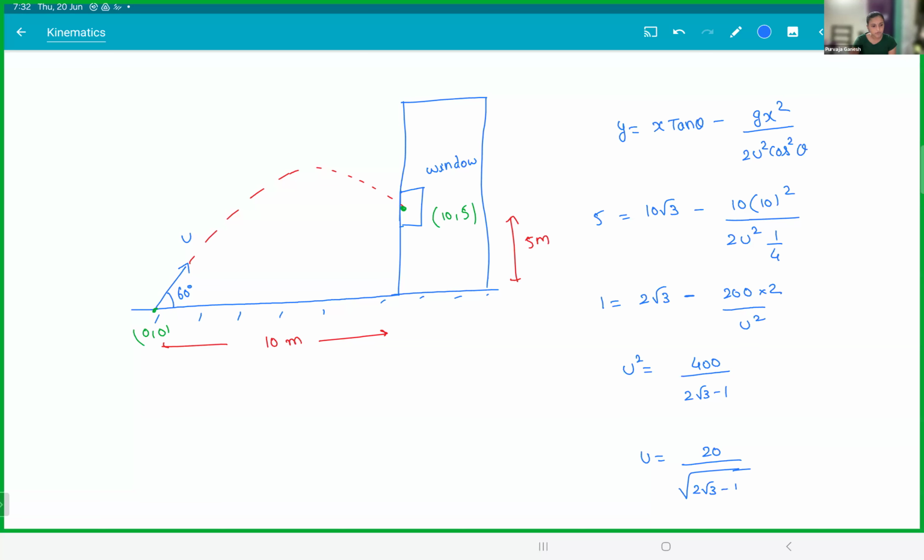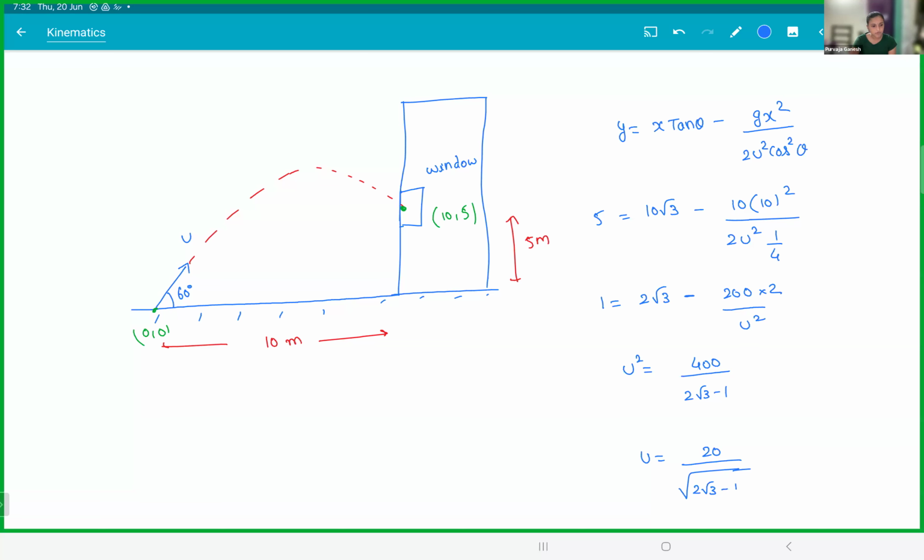Therefore the area under the curve will be integral dA, which is integral y, which is x tan theta minus x square tan theta by r into dx. What are the limits? The value of x starts from here, 0, and ends here, which is r, the range. So the limits go from 0 to r.